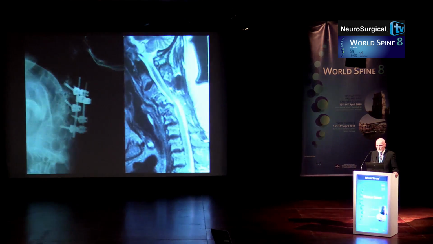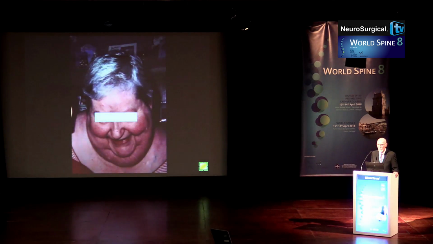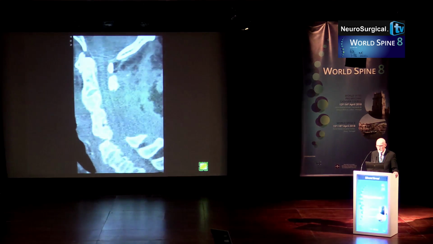I will quickly go through another case, a patient who had prior anterior and posterior operations, significant kyphosis. We did not want to do an anterior operation on her because of this, but because she had back pain and progressive neurologic deficit, we took her to the operating room and did a laminectomy, and we're going to do a fusion, but we couldn't see how good of a correction we got, because we could only see down to about C2 on her x-ray, and we didn't feel like we had a great correction.